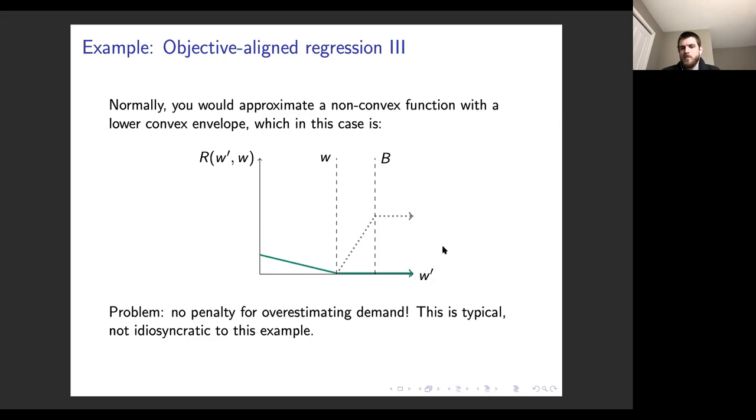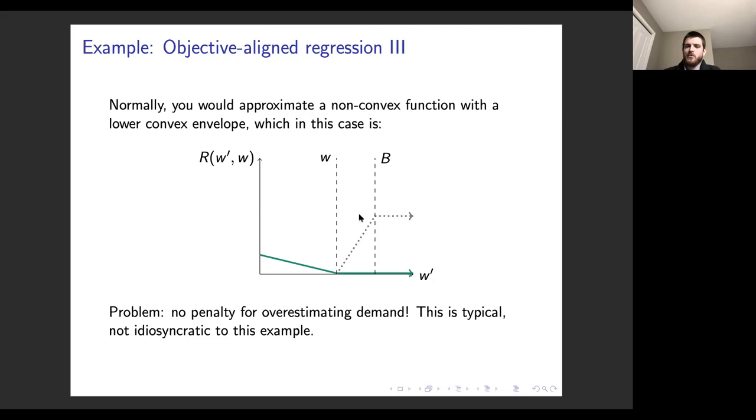Anyway, in this case, taking this standard approach doesn't work, because what you end up with is something like this, where you're accurate for the first part of the function, but once you reach 0, you just stay at 0 forever. That's a problem because your estimate tells you that if I overestimate demand, my regret is 0.